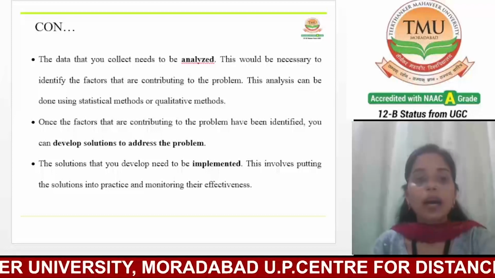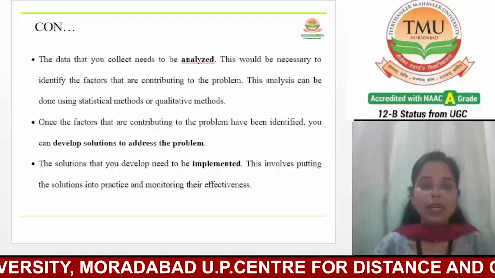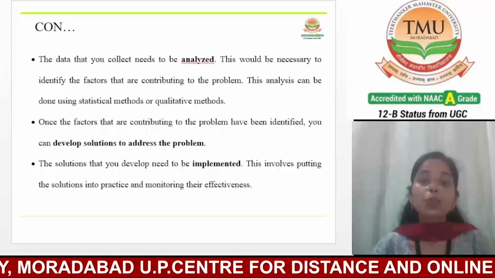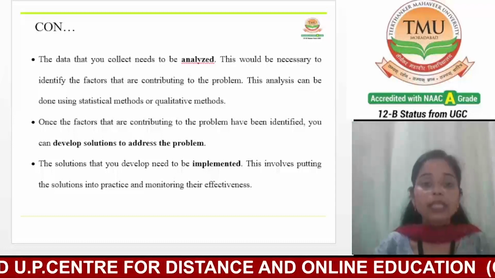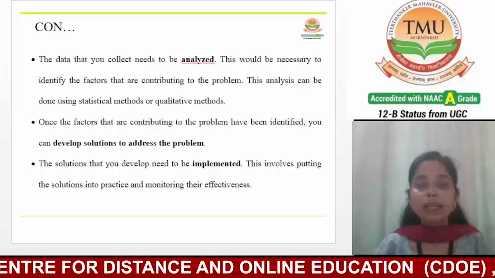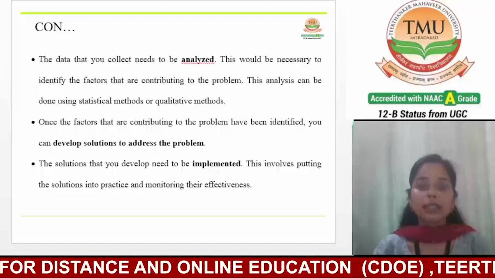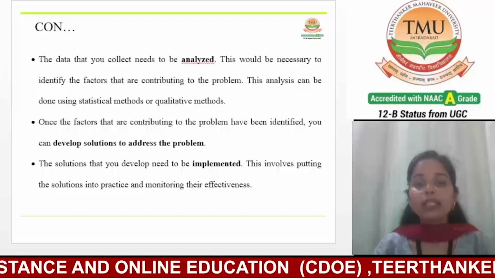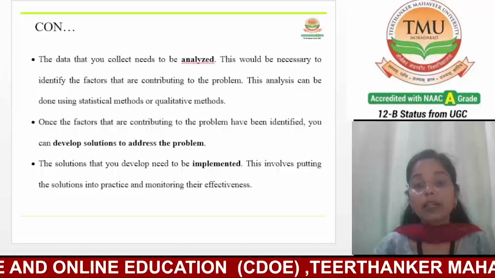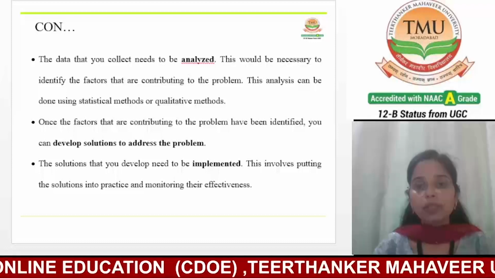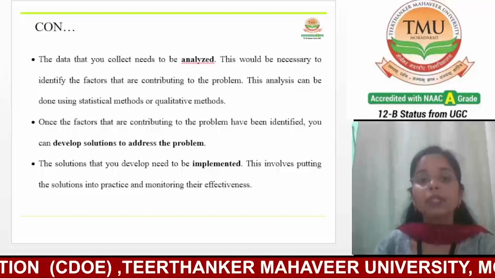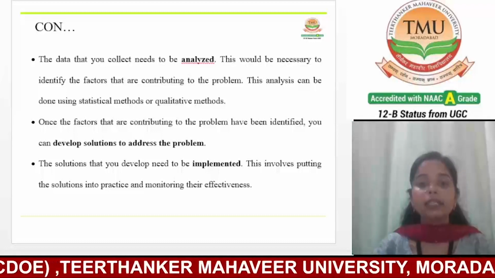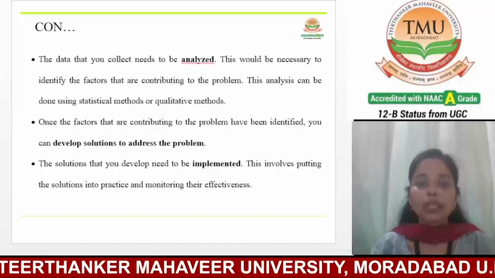So, after collection of data, you need to analyze, examine and interpret the data to identify the patterns and themes. Once the factors that are contributing to the problems have been identified, you can develop a solution to address these issues or problems.